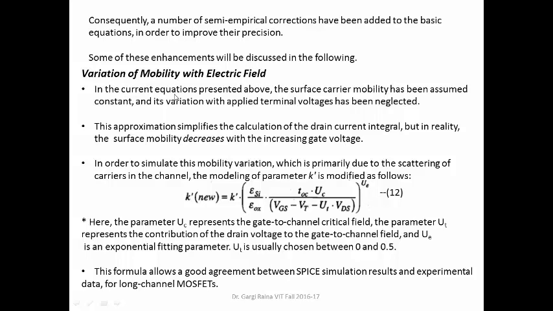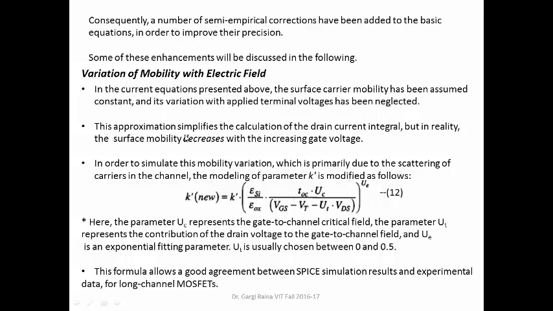In the current equations that were presented above, the surface carrier mobility has been assumed to be constant, and its variation with the applied terminal voltages has been neglected. So this is actually not true, because the surface mobilities may get changed as you are changing the applied terminal voltages.